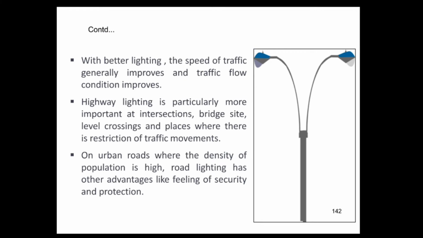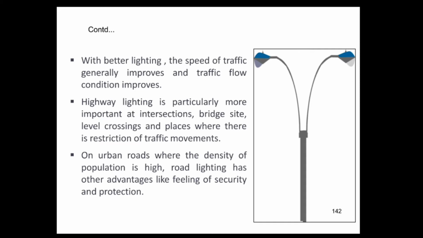With better lighting, the speed of traffic will also improve, as better visibility is provided. Drivers at night can see the objects or cars moving on the road, and there will be a free flow of traffic on the streets.